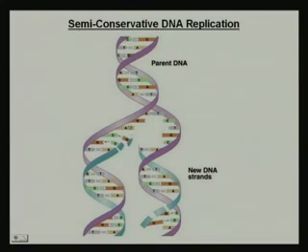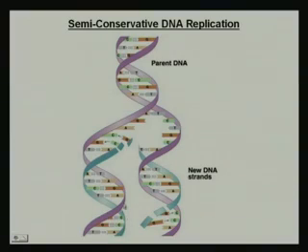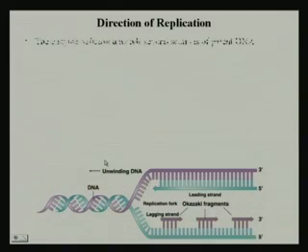So, when these two strands are getting unwound, getting separated, then this old strand is the template strand for synthesis of this new strand, and this way these new strands are synthesized. And when these new strands are synthesized, each has one old, the template strand, parental strand, and one newly synthesized strand, and this is called the semi-conservative type of DNA replication.